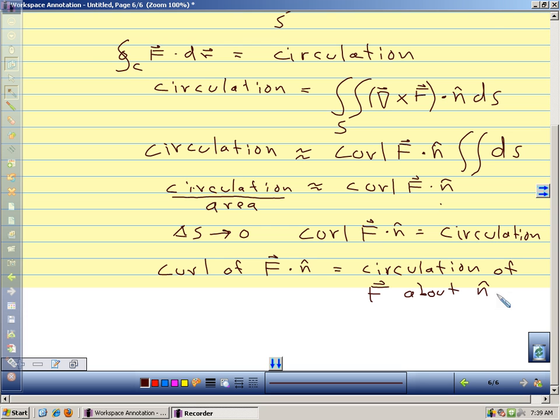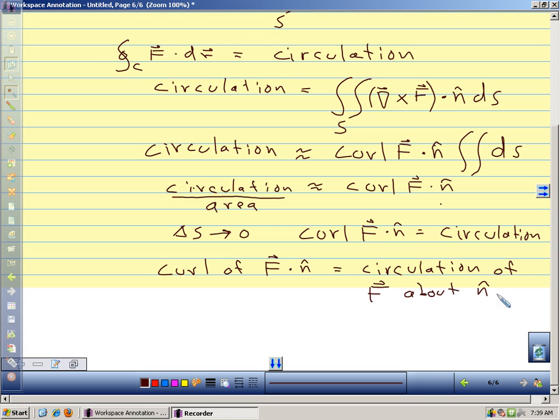And if we think about it in terms of fluids, like we were talking about yesterday, if our field is a velocity vector of a fluid, and we look at the curl at a point, it tells us the tendency of that fluid to rotate about that point. If we put a little paddle wheel in the fluid at that point, the paddle wheel would turn based on our circulation. So that's what the curl tells us, the tendency of the field to cause a circulation or a rotation at a particular point.